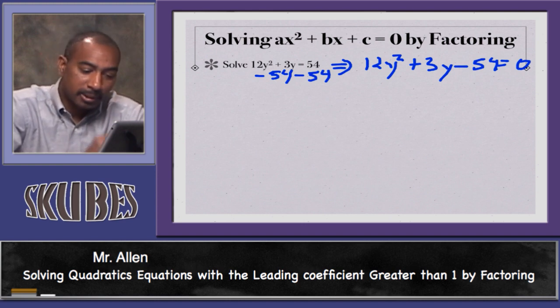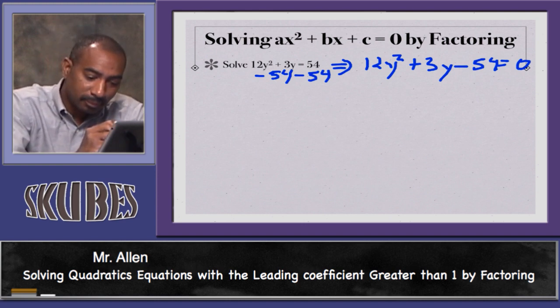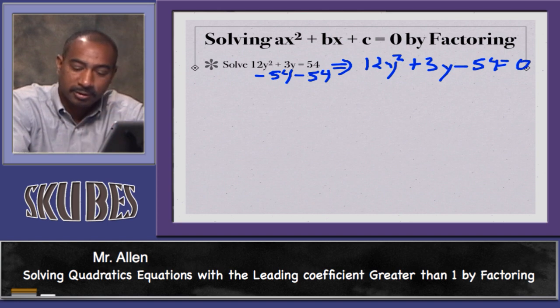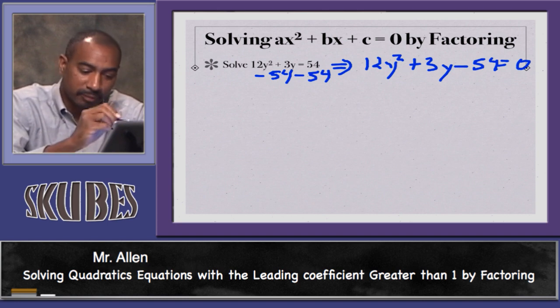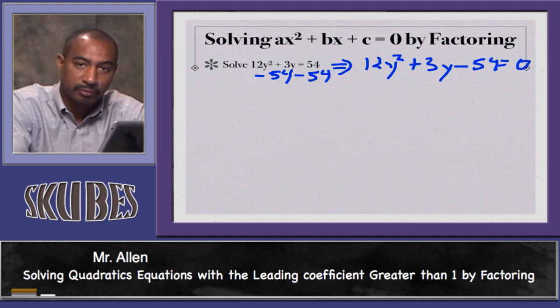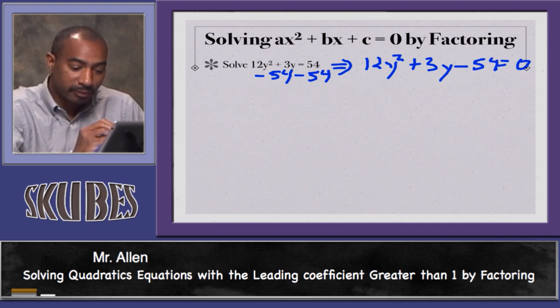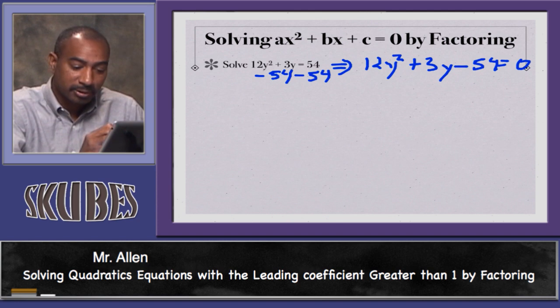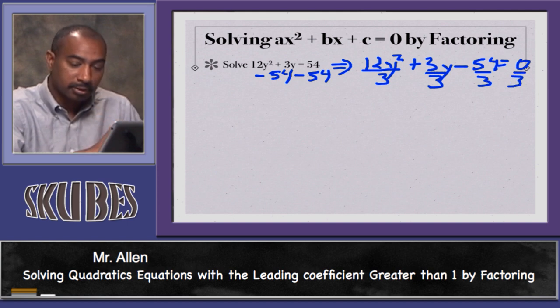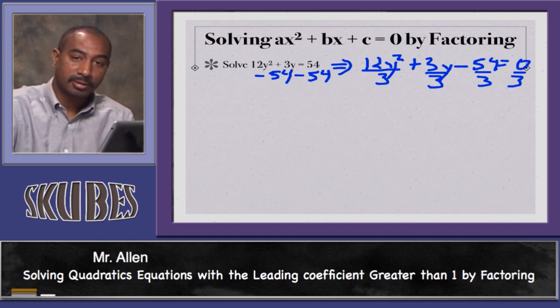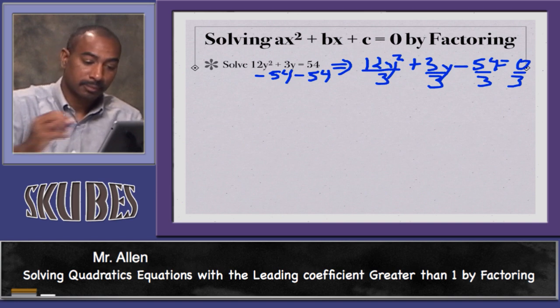And before you start multiplying the leading coefficient by the constant, just look at all the terms. You have a 12, you have a 3, a negative 54. You can divide both sides of this equation by 3 and make your work much easier, because 3 divides into 12, 3, 54, and 0. So I'm going to divide everything by 3 first, because I get an equivalent equation, and it's easier to work with smaller numbers.